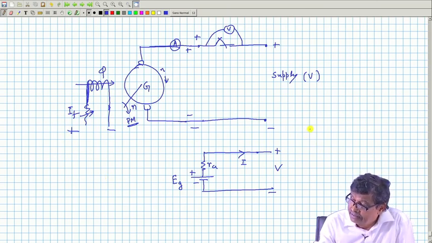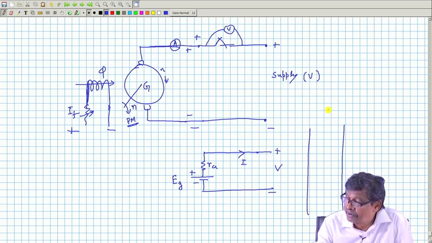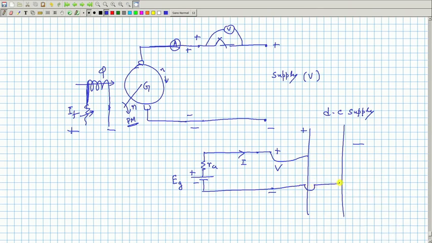So, here is a DC bus, DC supply, plus minus. Therefore, if you increase the field current, E g will win over V, and it will start delivering current in this direction.